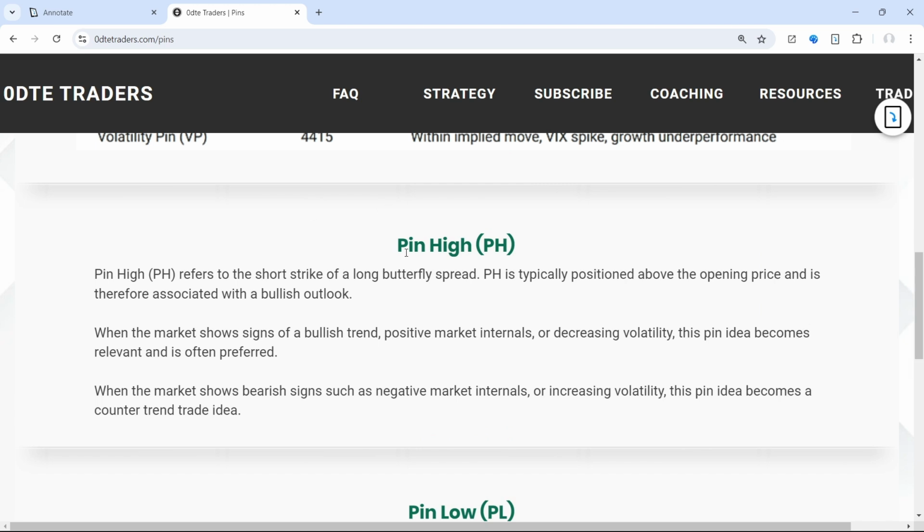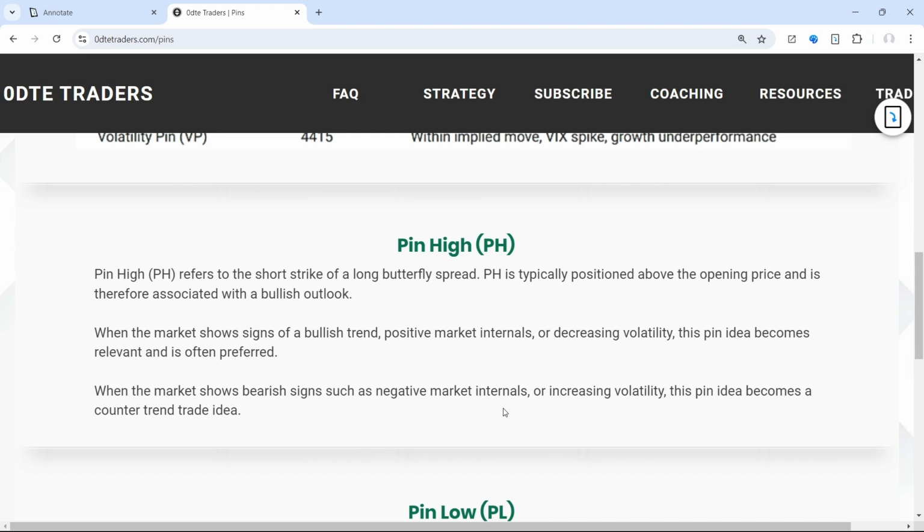But sometimes there's a directional bias in the market. So utilizing things like market internals, relative sector performance, the VIX, everything that we do in that morning meeting, things that we go over to try to help form a bias, we can utilize those to figure out what pin is perhaps favorable.